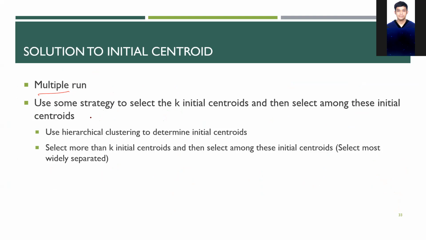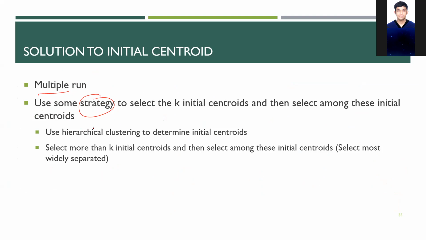The next one, we can use some strategy to select the initial centroids. There are many strategies to select a better initial centroid. The objective is to get a better initial centroid.